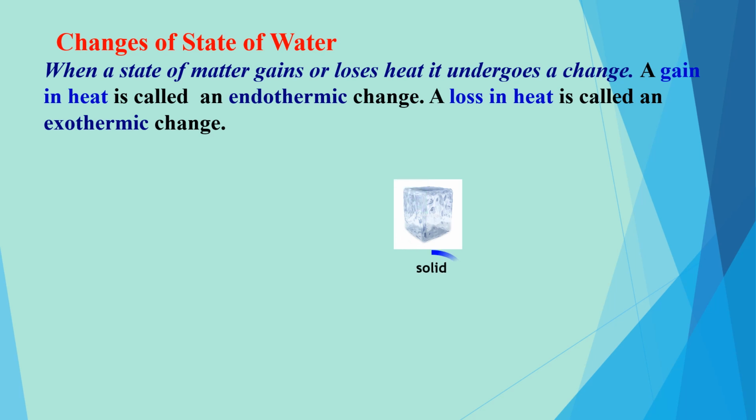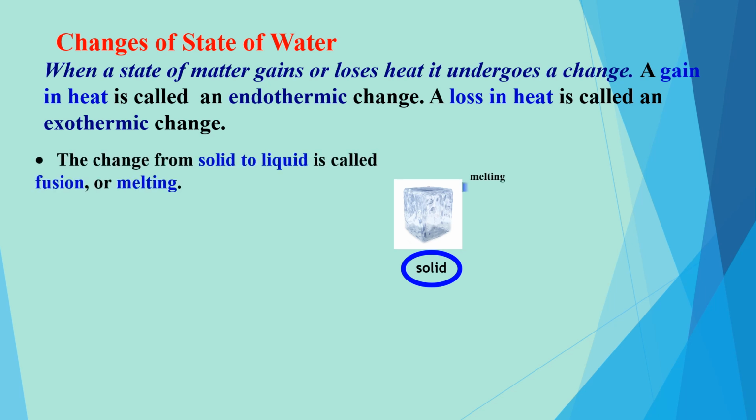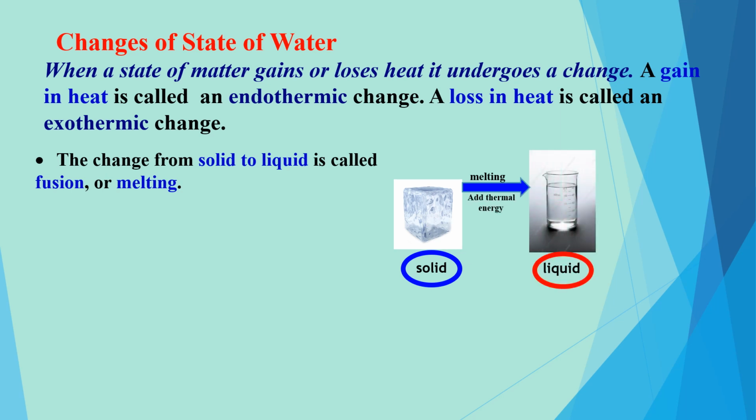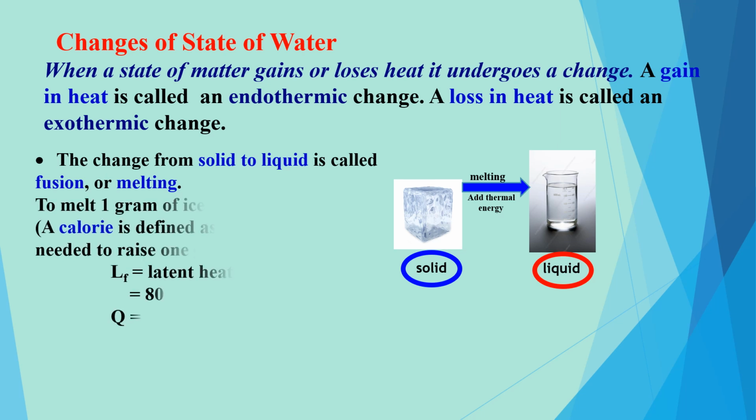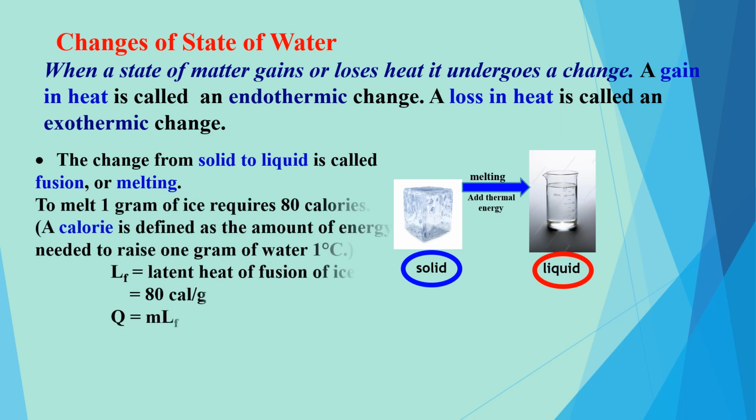Let us consider a block of ice which is in the solid state. The change from solid to liquid is called fusion or melting. To melt 1 gram of ice requires 80 calories.